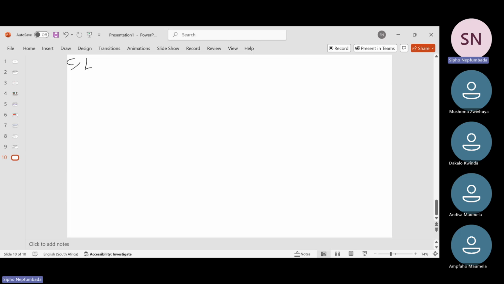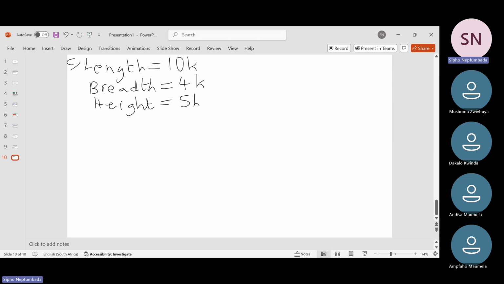Then the length is going to be 10k, the breadth is going to be 4k. It's like they're saying multiply what is given by k. And the height is going to be 5k.